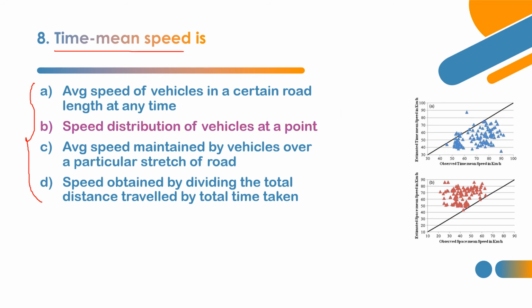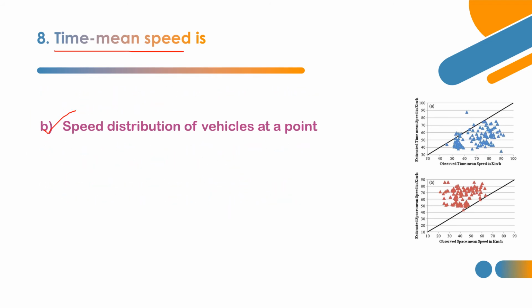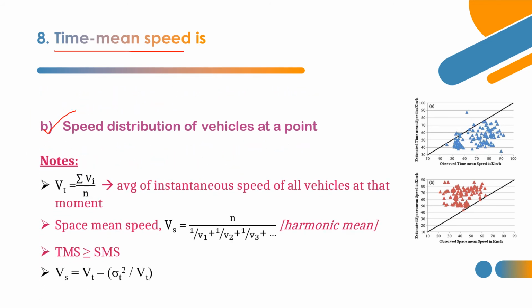So the correct definition goes here. Speed distribution of vehicles at a point is nothing but the time mean speed. Now let's see more about it. Time mean speed is given by Vt is equal to summation of V suffix i divided by n. What is V suffix i?